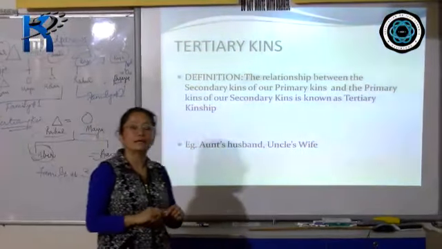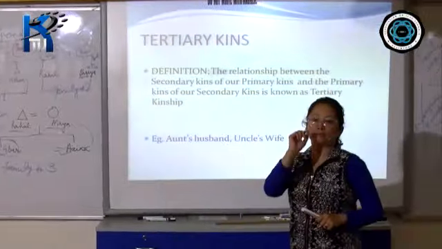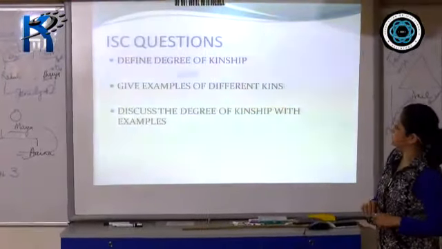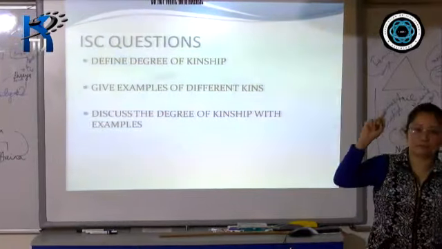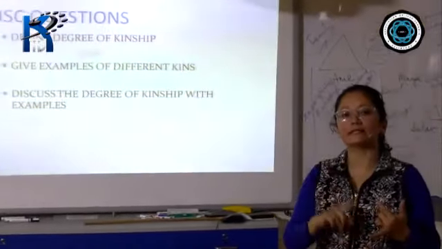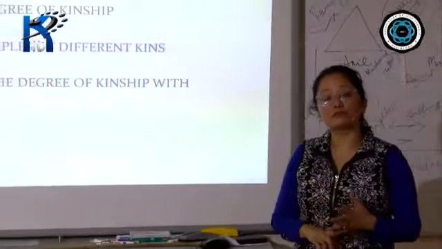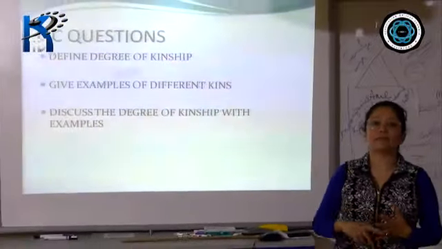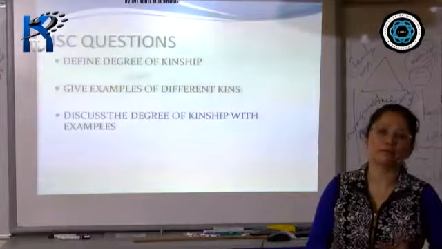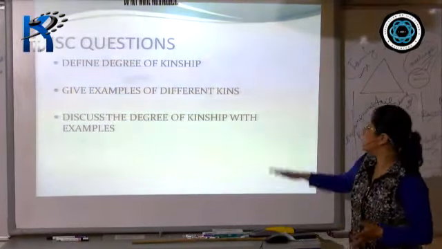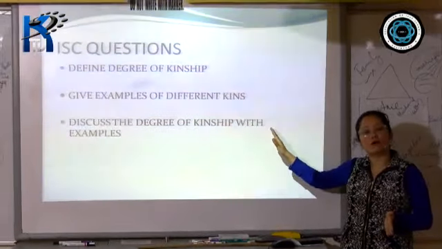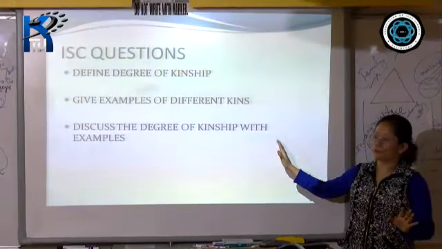So with this, I would like to wrap up today's lecture. But before going, let's look at the kind of ISC questions that we're going to get. Define degrees of kinship, the first slide that I showed on degrees of kinship. Examples of different kins. So you might have, give 2 examples of primary kin, or 2 examples of secondary kin, or 2 examples of tertiary kin. For the long answer, this is a frequently repeated ISC question.